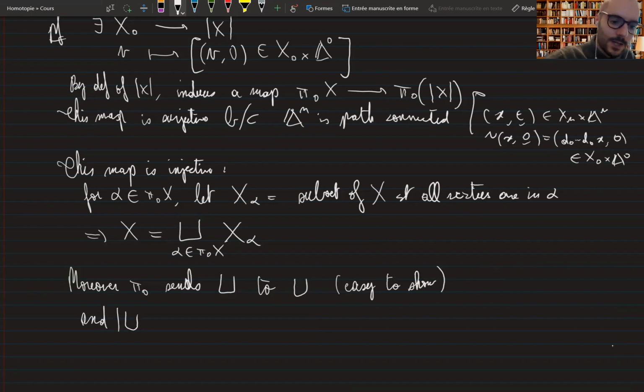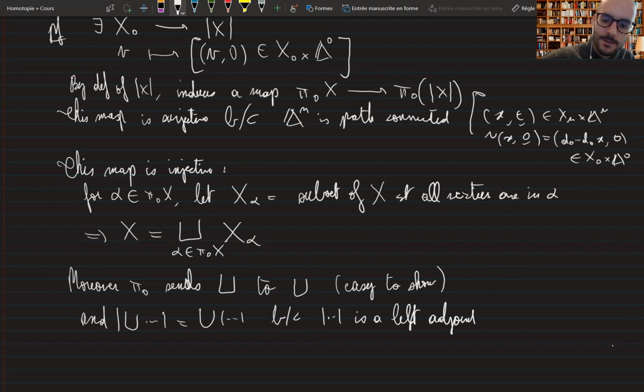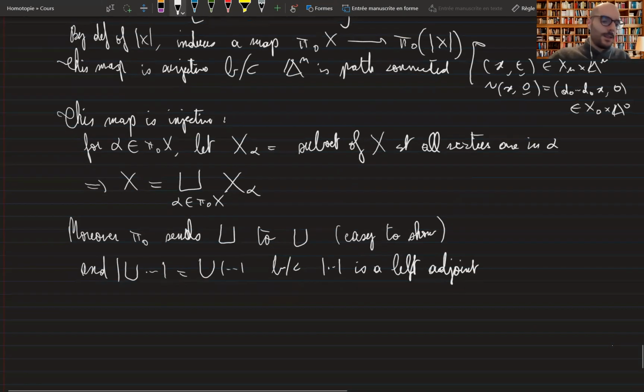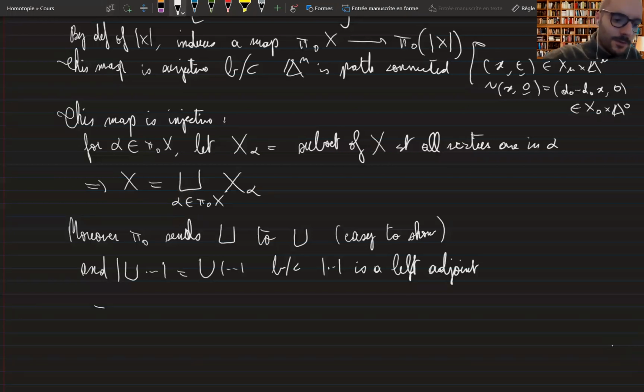And the geometric realization of a disjoint union is the disjoint union of a geometric realization, because geometric realization is a left adjoint. And so it follows that we have a map like this from the disjoint union of pi 0 of X alpha.